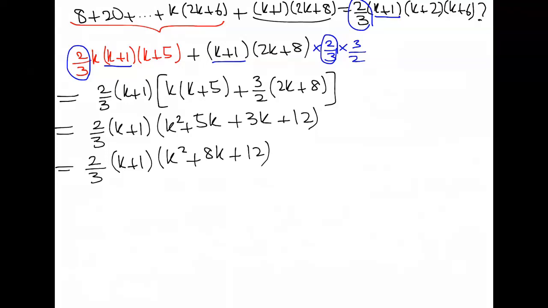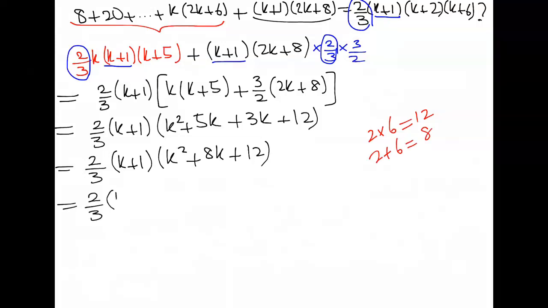Now here, I need to factorize the quadratic factor. I want factors of 12 whose sum is 8. I do know that 2 times 6 is equal to 12, and 2 plus 6 is equal to 8, so therefore those are the two factors I need.